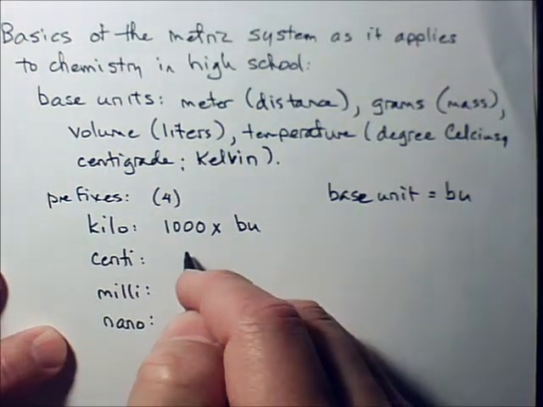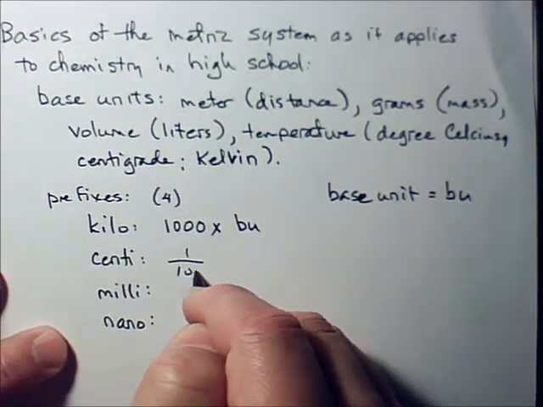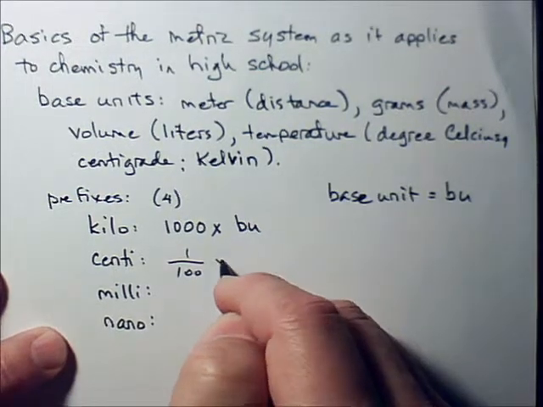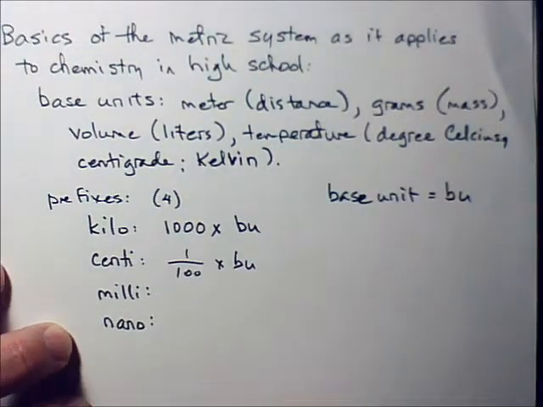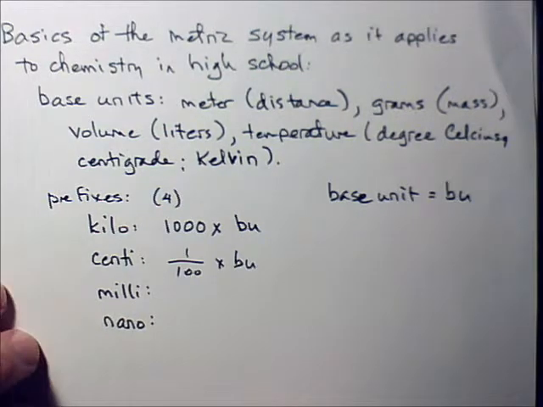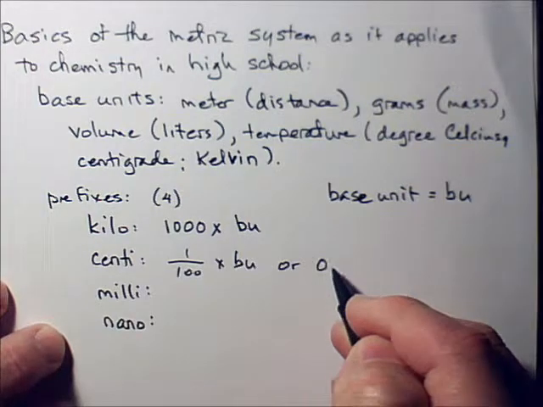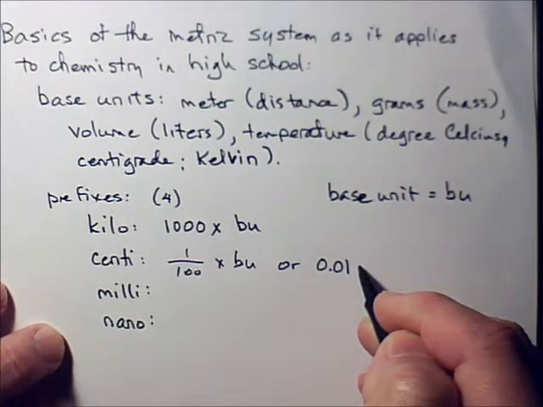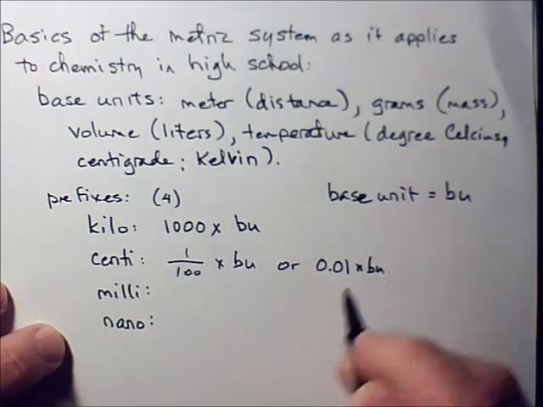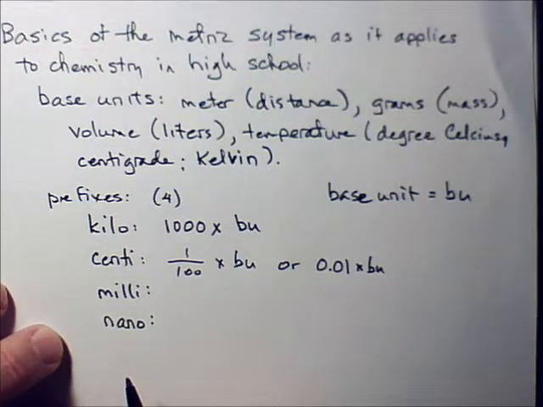So centi is 1/100th times the base unit. Another way to write that would be 0.01 times the base unit.